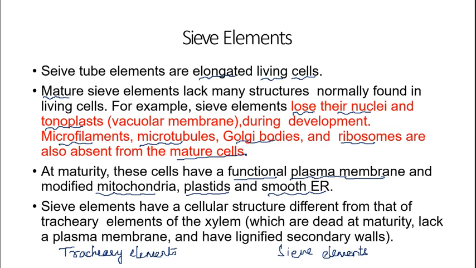Sieve elements conduct food and tracheary elements conduct water. Structurally, they have one main difference: tracheary elements are dead at maturity, lack a plasma membrane and have lignified secondary cell walls. But sieve elements are living at maturity. Clear?